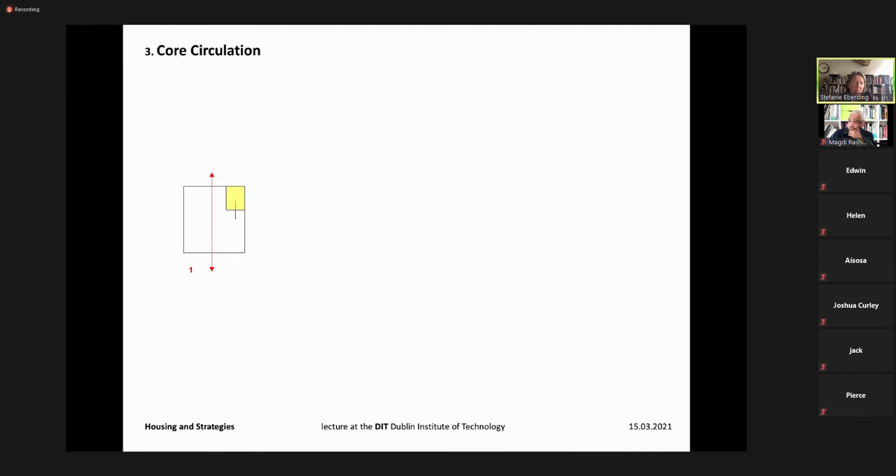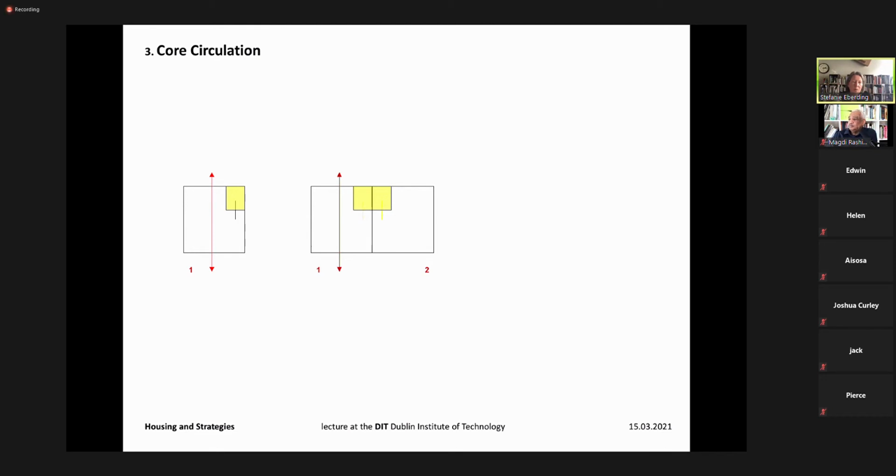So towards the core circulation, that's the staircase, which is yellow, one staircase per one unit. What's good, the advantage, is you get light from all sides, but it's not very economic.